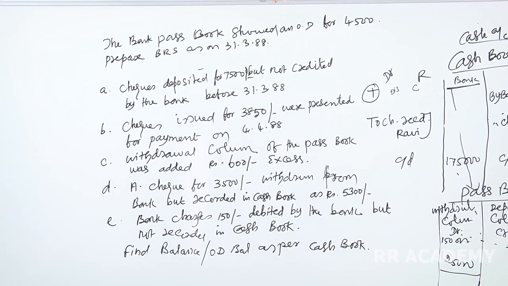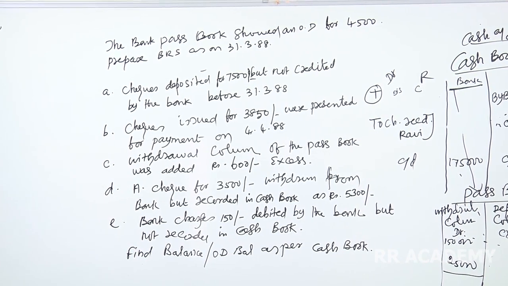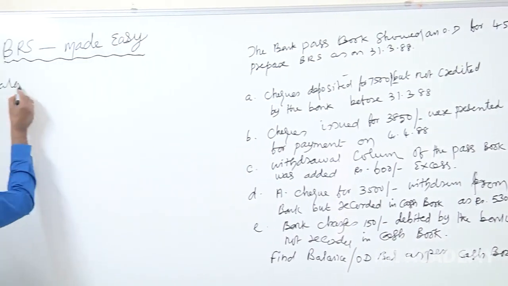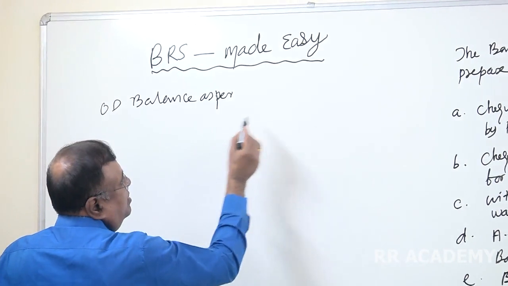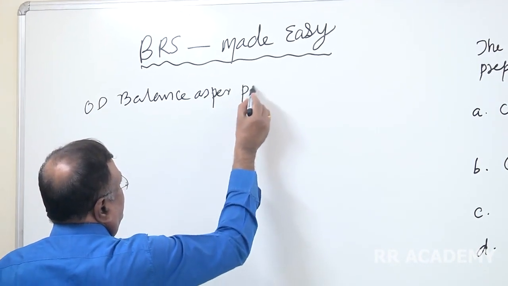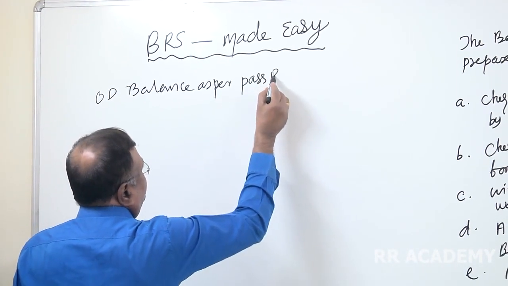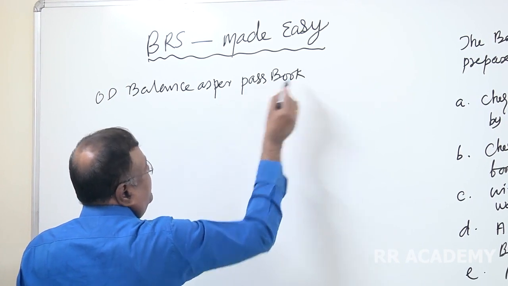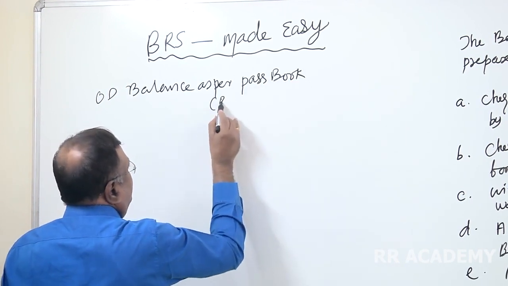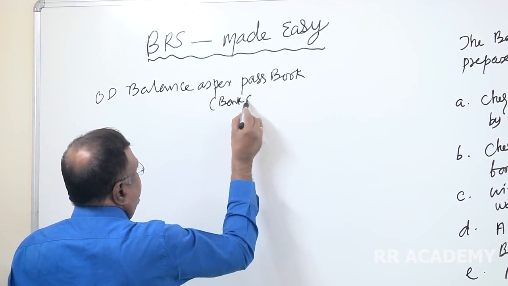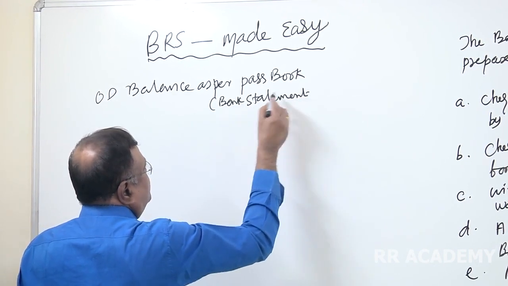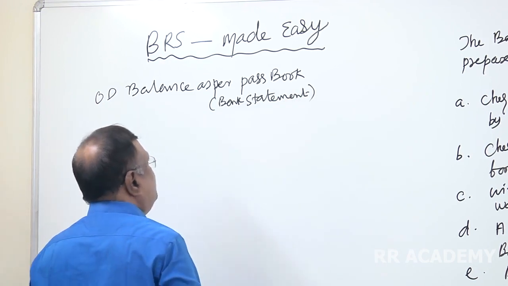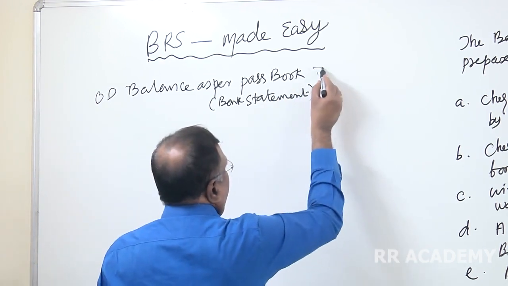BRS. So now OD balance as per passbook. Passbook is otherwise called bank statement. They will give like this also. Bank statement is otherwise called passbook.